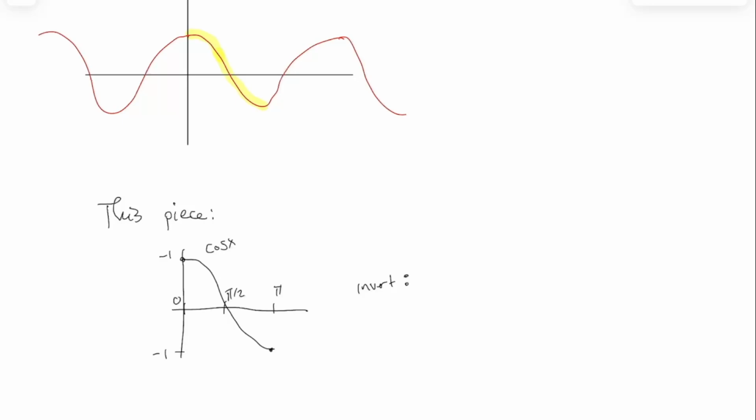In the original picture, the y-axis goes minus 1 to 1. That means in my new picture, the x-axis goes minus 1 to 1. And the original x-axis went 0 to pi, so my y-axis here goes 0 to pi. So it's all up here. That's what happens when you exchange the x and the y-axis.